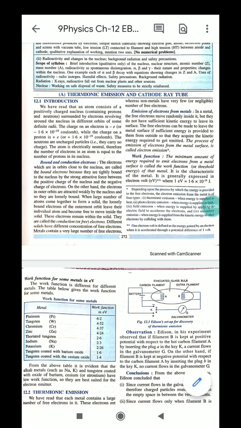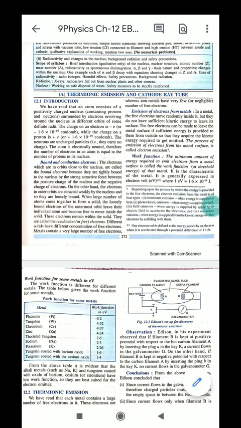Now we will see the work functions of some metals. Platinum is 6.2, tungsten is 4.52. Similarly, tungsten coated with cesium oxide is 1.4.